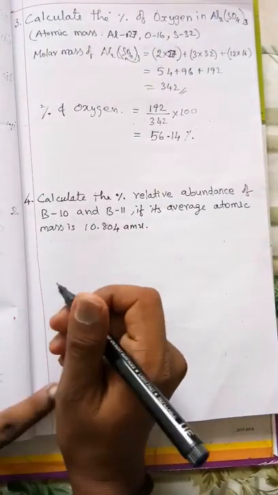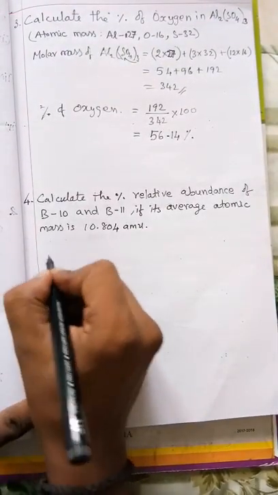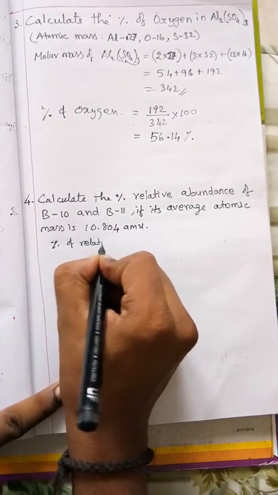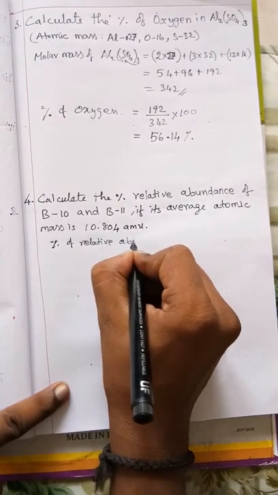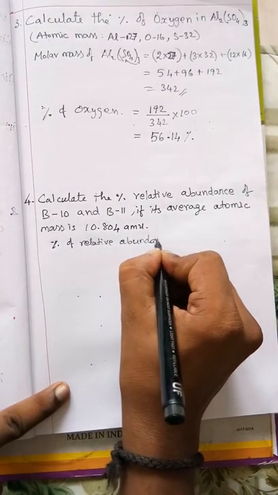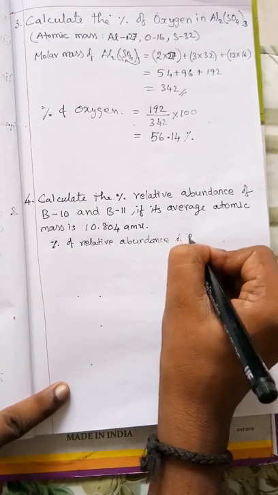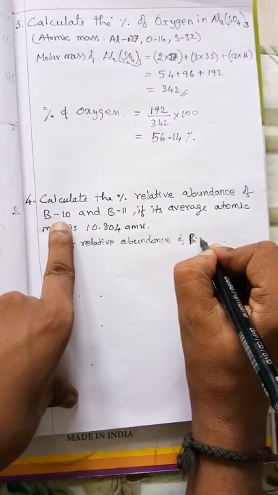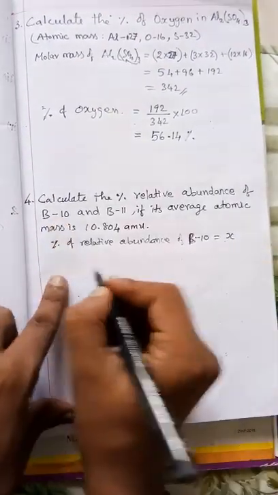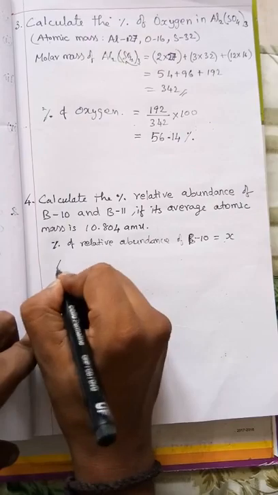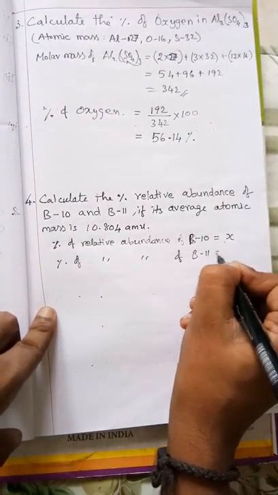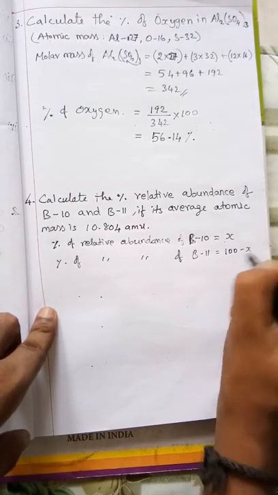So now, first the percentage relative abundance of B10, boron 10, is equal to X. So the relative abundance of B11 you take as 100 minus X. Why 100 minus X?